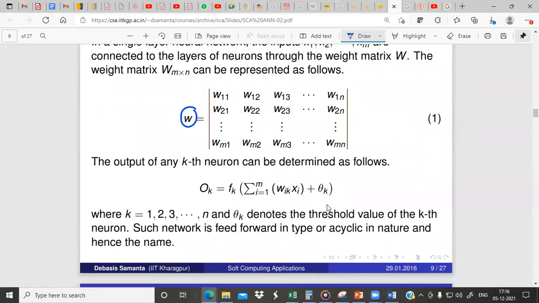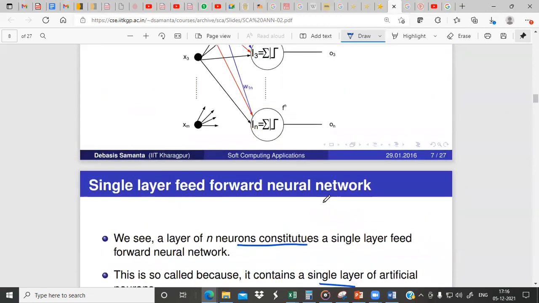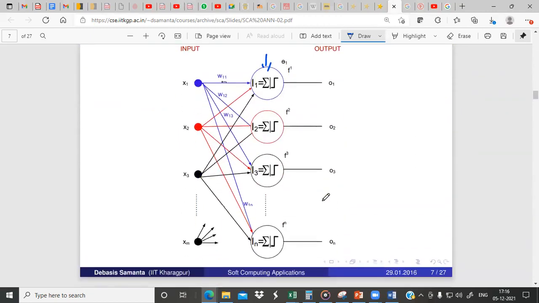Now, what will be the output of the kth neuron? If you see here, this is I1, I2, I3, and IK is somewhere here. So what will be the weight associated with X1 and the kth neuron?